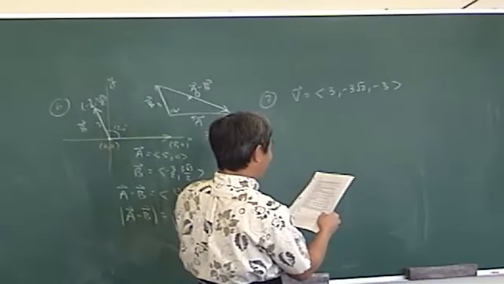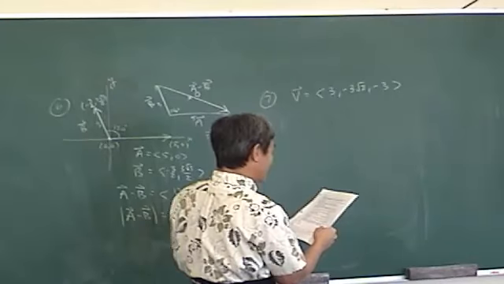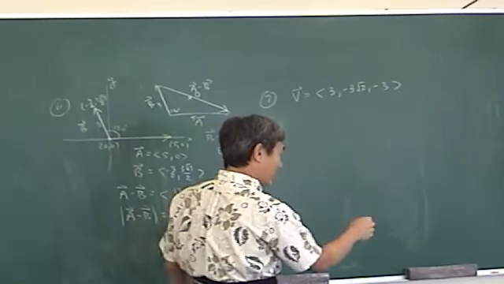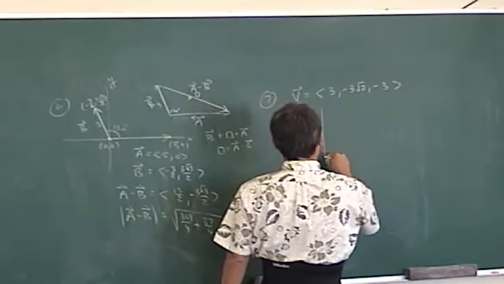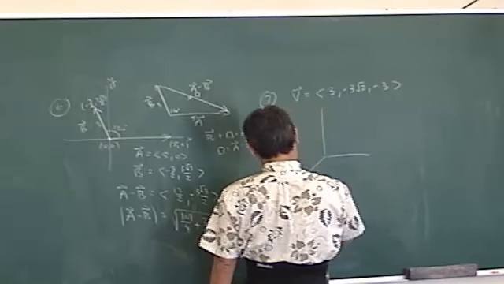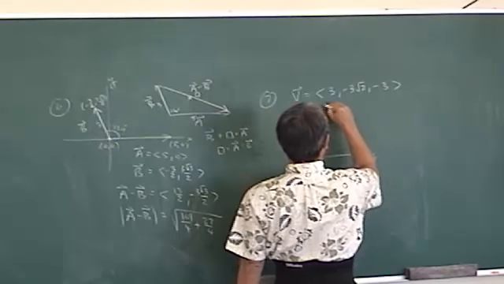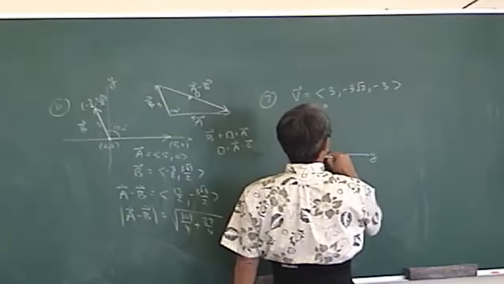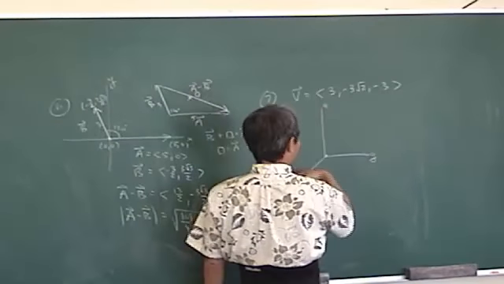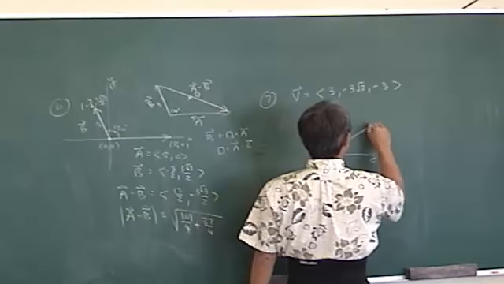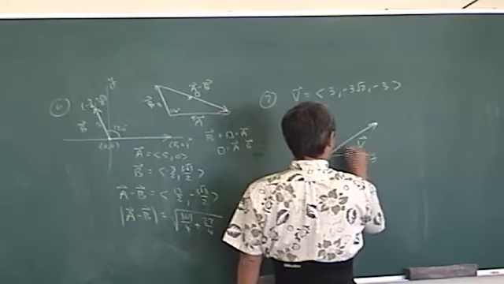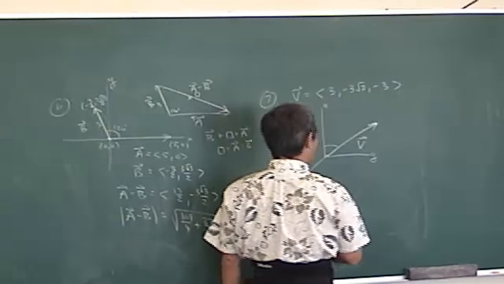Find the angle that this vector makes with the positive z-axis when you put the tail of V at the origin. Okay, let's draw a picture. X, Y, Z. Here's vector V. I know it doesn't point exactly like this, but let's just say it points like this. Find the angle that it makes with the positive z-axis.